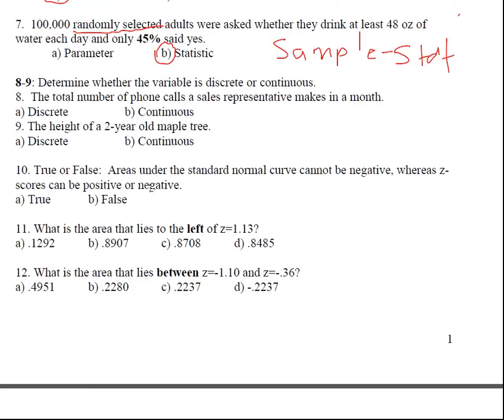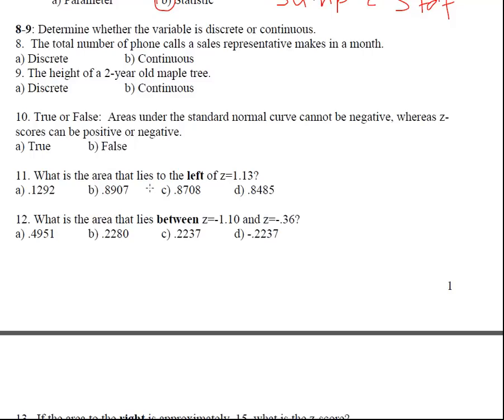Okay, the next question is to determine whether something is discrete or continuous. The idea here is that if you have something that's discrete, you can only have whole integers.